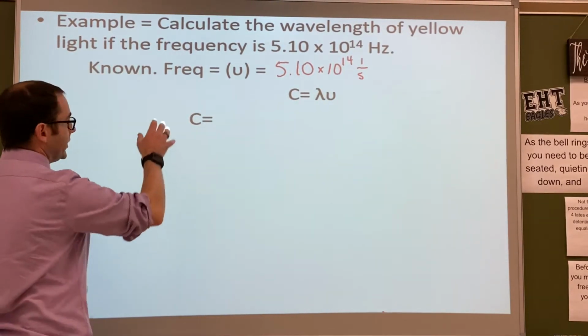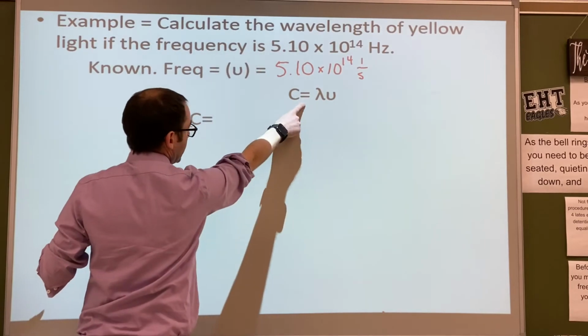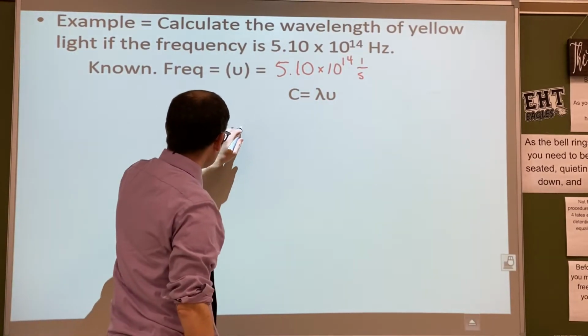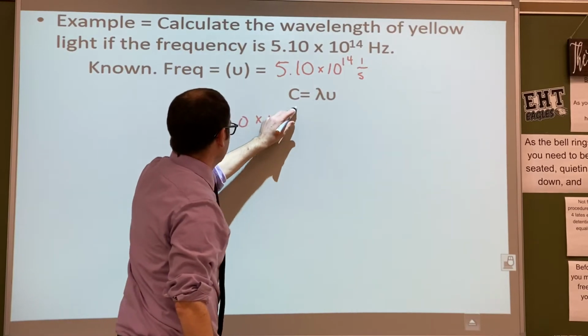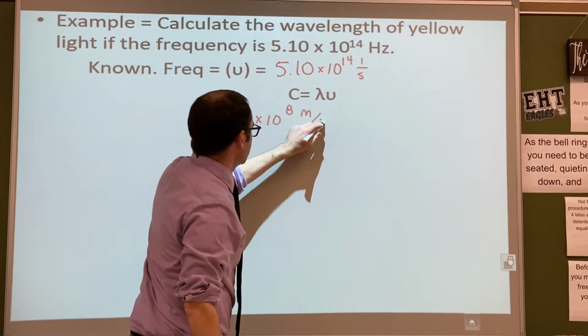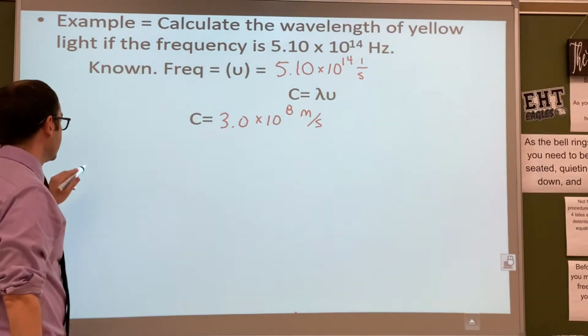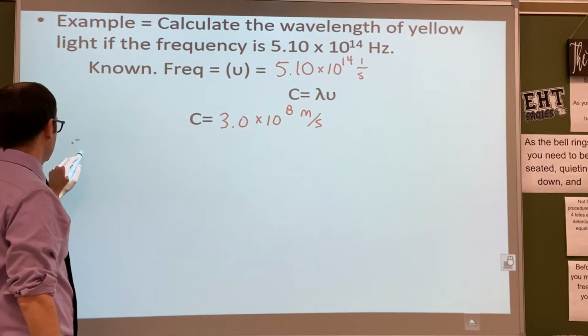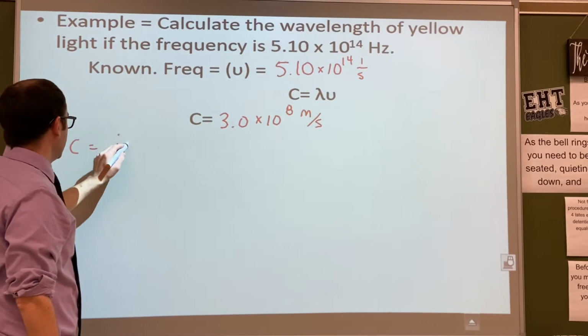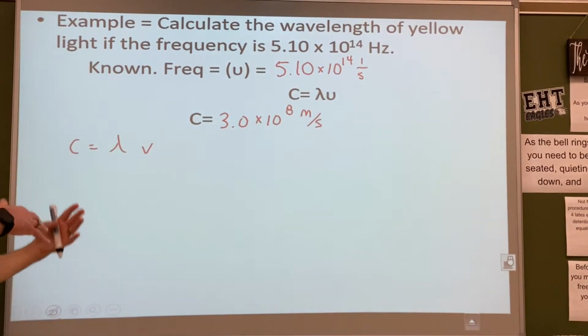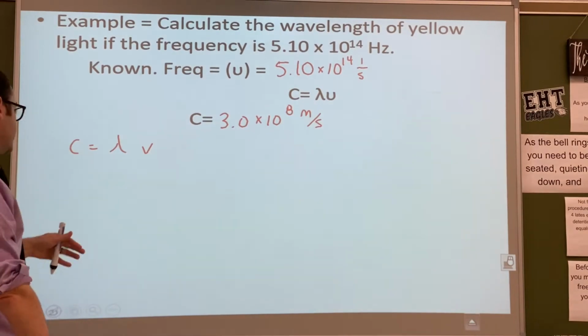All right, so we know the frequency, we know the equation, we know what c equals also: 3.0 times 10 to the 8th meters per second, all right? So now we can start plugging everything in. So c equals lambda nu, all right? And for the work for this, you write down the equation, you substitute, you show your answer, all right?